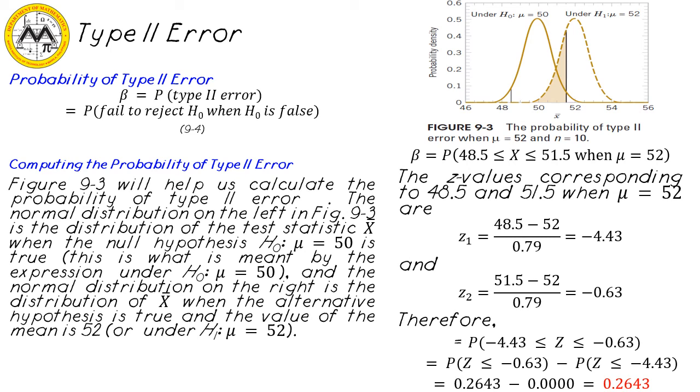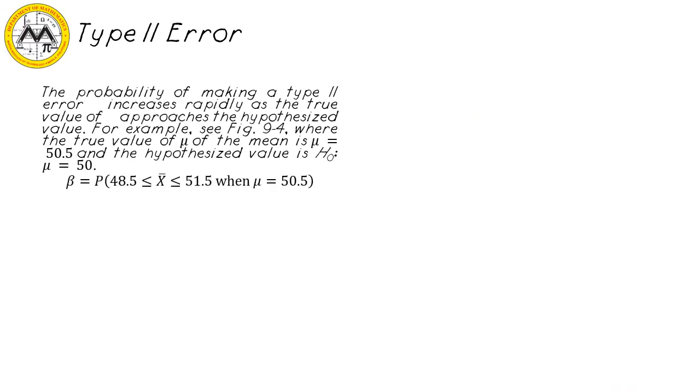So therefore, the probability that Z is in between negative 4.43 and negative 0.63 is approximately 0.2643. So this is our beta, 0.2643.